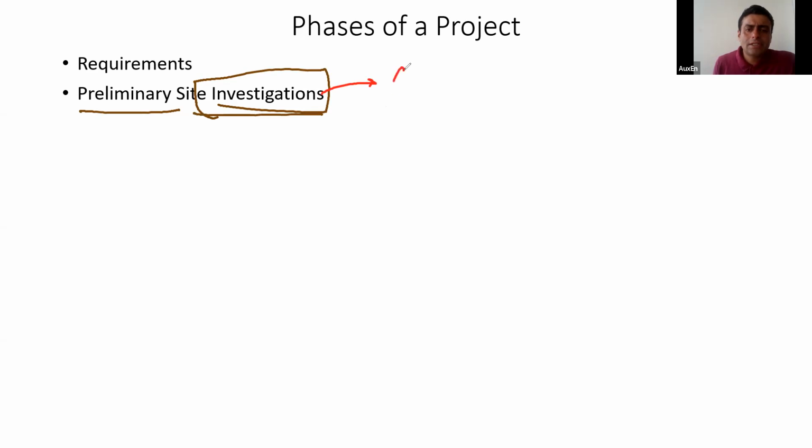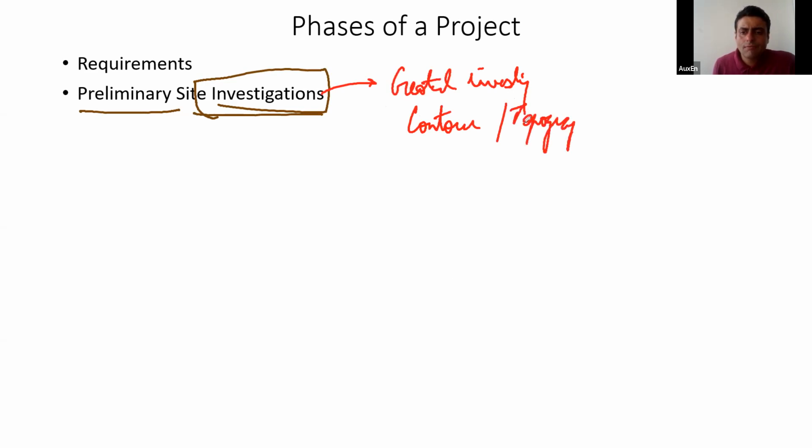So investigations like the geotechnical investigation, or the contour survey, topographical survey, or what else? Or the hydrological survey, rainfall analysis. These all may be done for big projects, not for small projects.